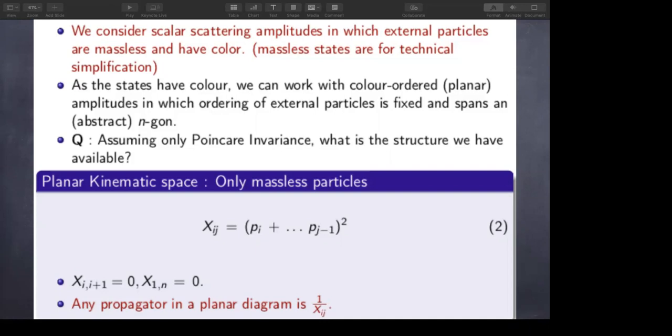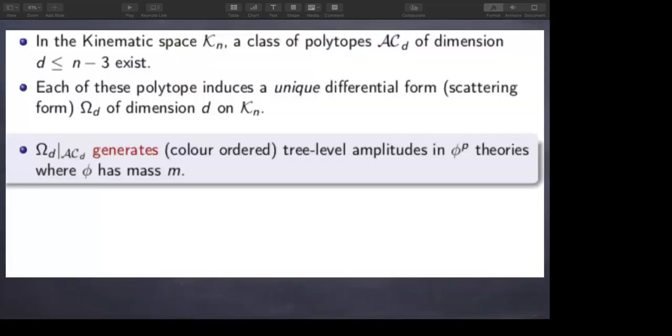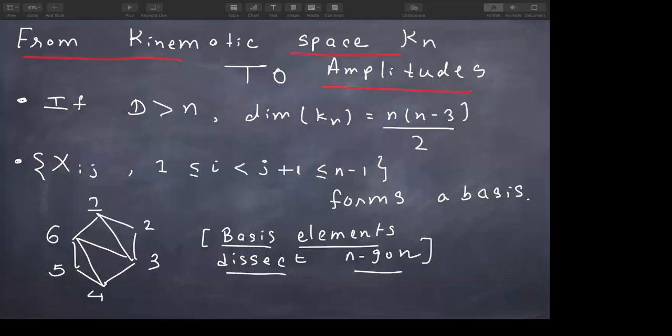Yeah, exactly. So the point is that if you fix dimension, say 4 dimensions, then the dimension of kinematic space is 3n minus 10. So these xij's are not independent and they satisfy the so-called Gram conditions, which makes things more complicated. But what we will do now is to assume that the space-time dimension is always larger, so we can think of it as infinite dimensional space-time.